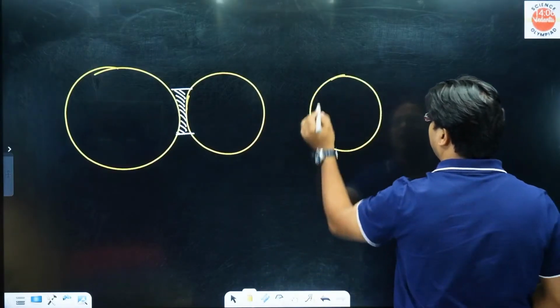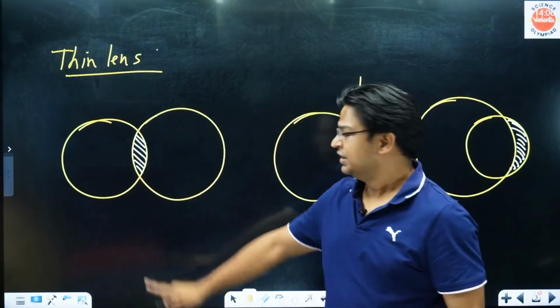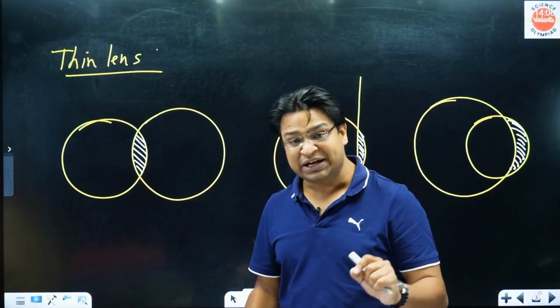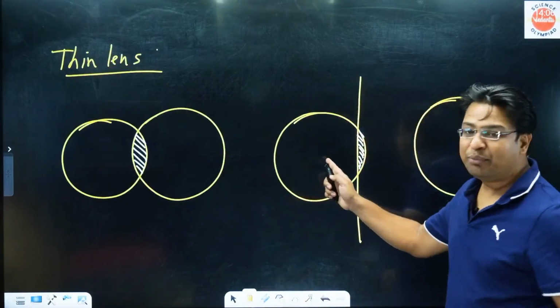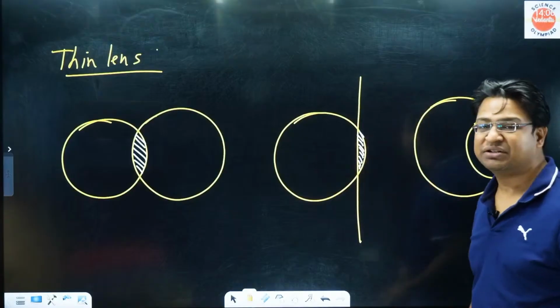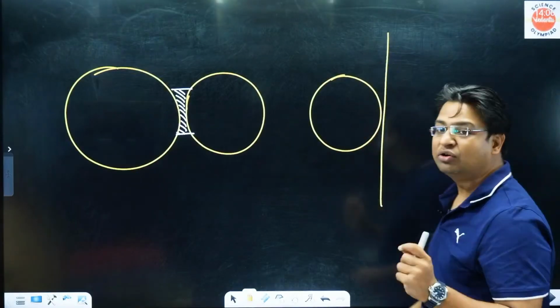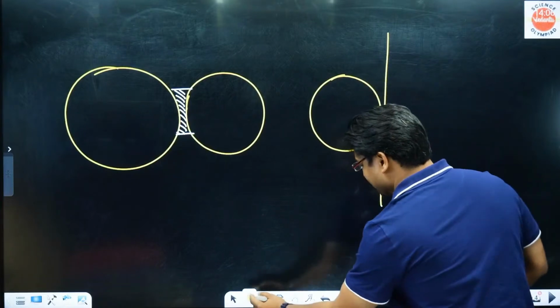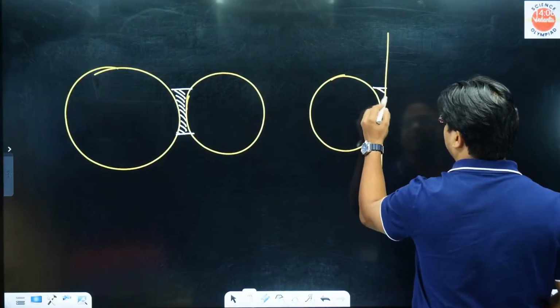Similarly, on the previous slide, I started by using two spheres. Here the spheres were intersecting with each other. Here they are not intersecting with each other. Then I went with a spherical and a planar surface. So let's do that again: a spherical and a planar surface, but not intersecting with each other. This would be one kind of lens.